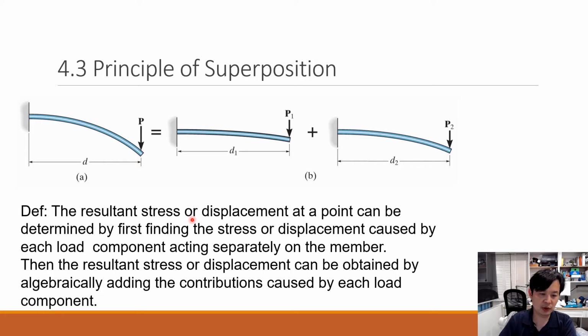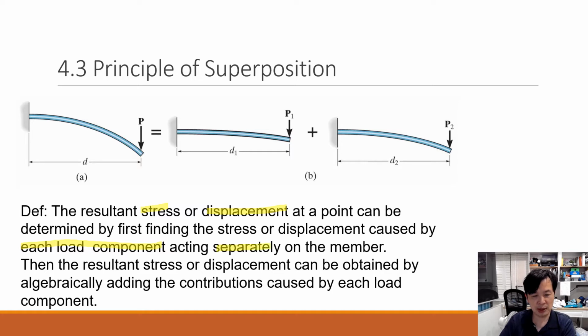Based on the definition we'd like to talk about here, it says the resultant stress or displacement at certain point or at certain area can be obtained by the stress or displacement caused by each load component, acting separately on the member.